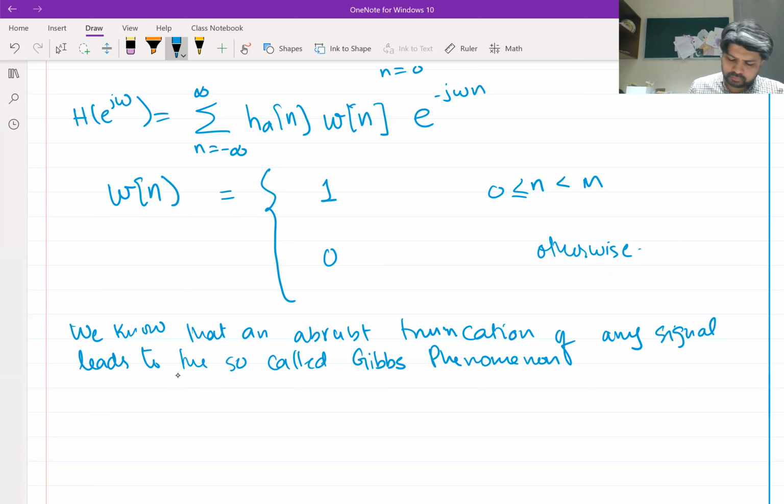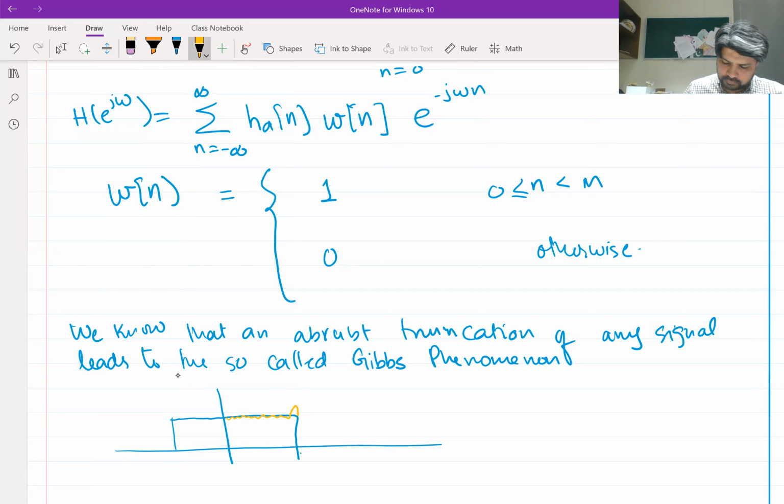where if you recall from your discussion of the Fourier series, if you approximated the Fourier transform, for example, if in the time domain you have a sinc, and you have truncated your sinc function, what happens is that you would have some overshoots and undershoots.